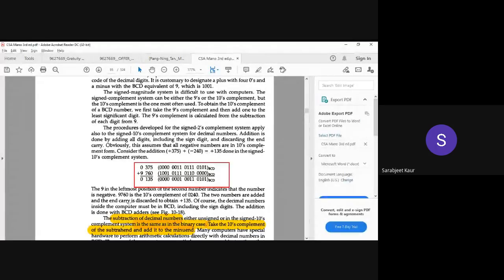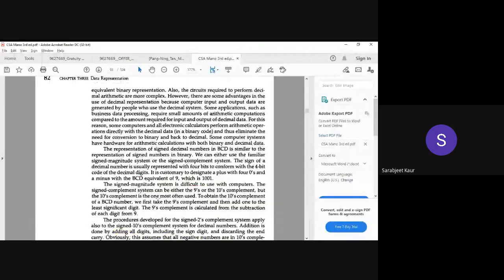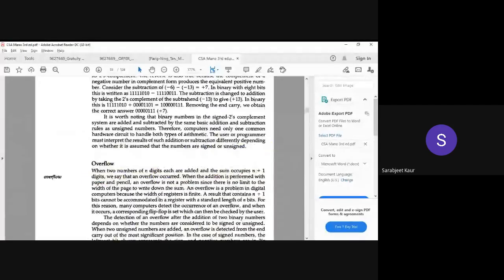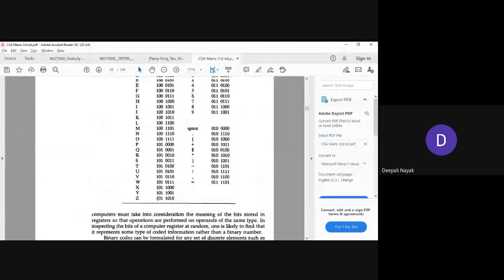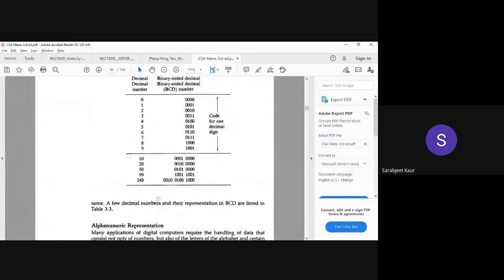What is BCD? Please see what the BCD representation is. I think I did that with you, but did I? Binary coded decimal. We did it, I think.